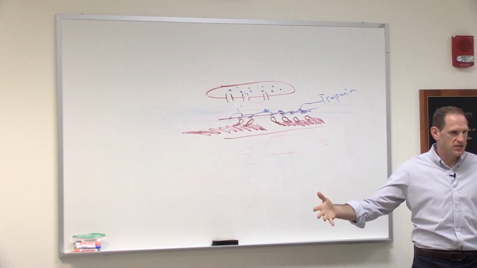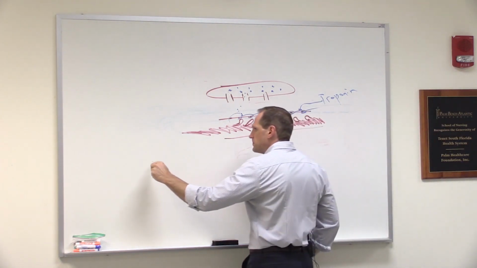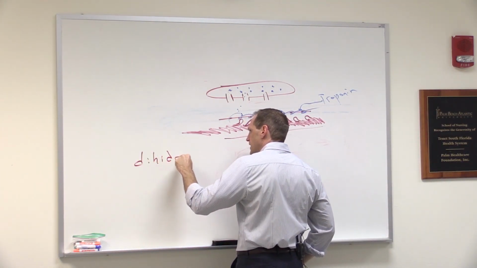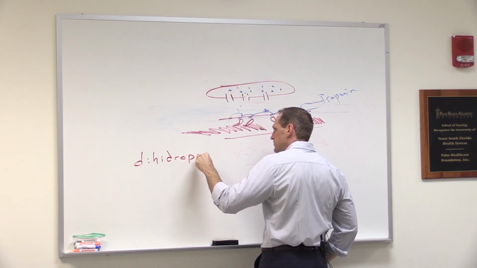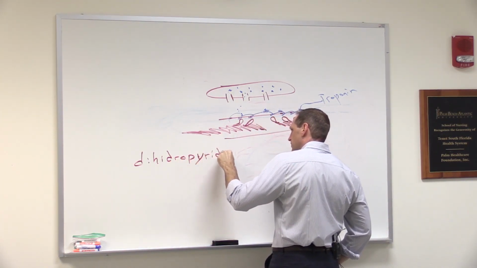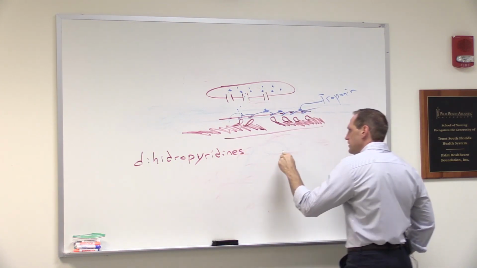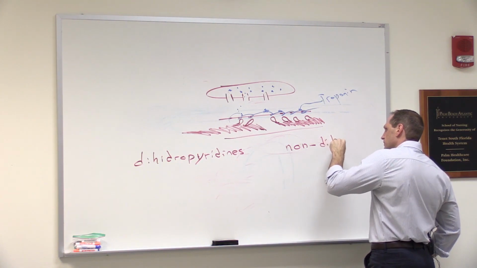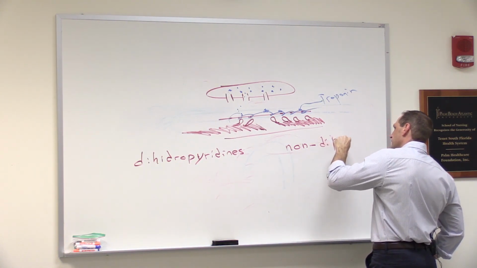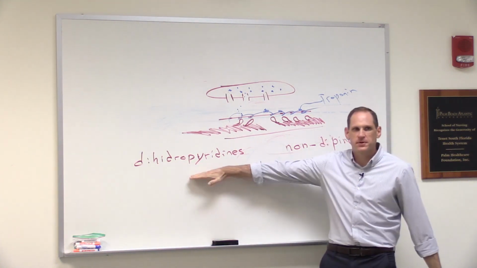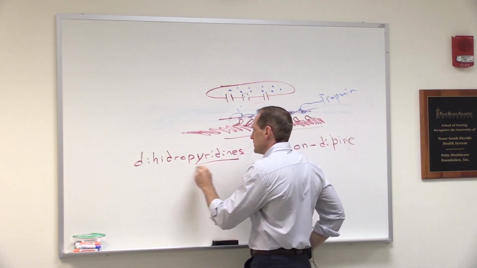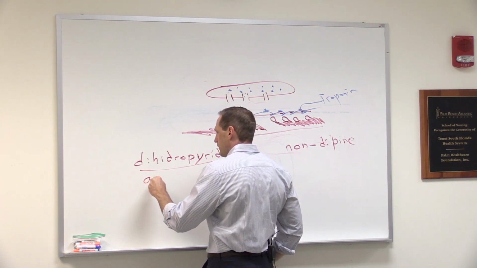divisions among the calcium channel blockers are the dihydropyridines and the non-dipines. The dihydropyridines affect the arteries only.